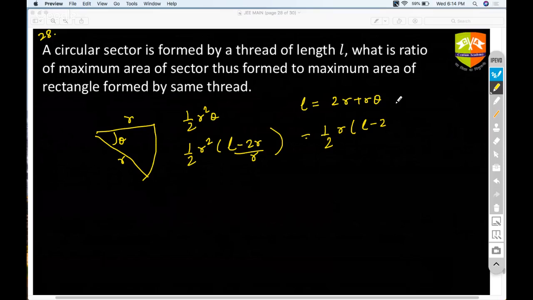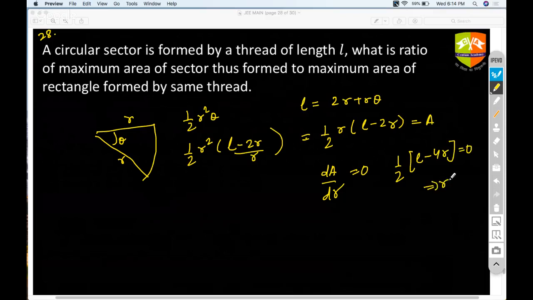Is that fine? Okay. So this is my area of the sector. If I differentiate this with respect to r, I should get 0. So that would give me half L minus 4r equal to 0.